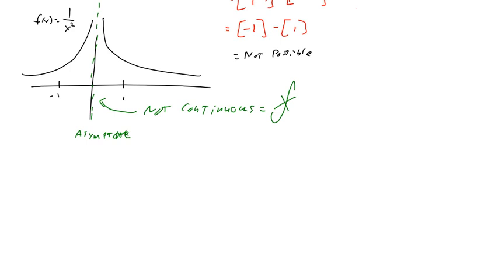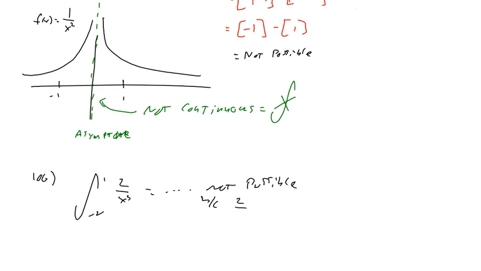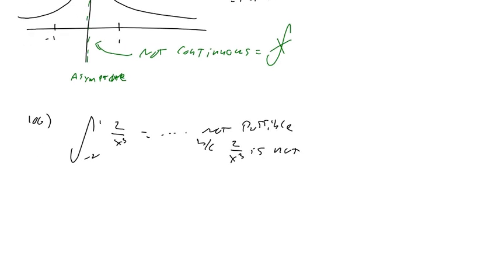Thank you, Bianca. Thank you, Bryce. 106, same thing. The integral from -2 to 1 of 2 over x cubed is not possible because 2 over x cubed is not continuous on -2 to 1.